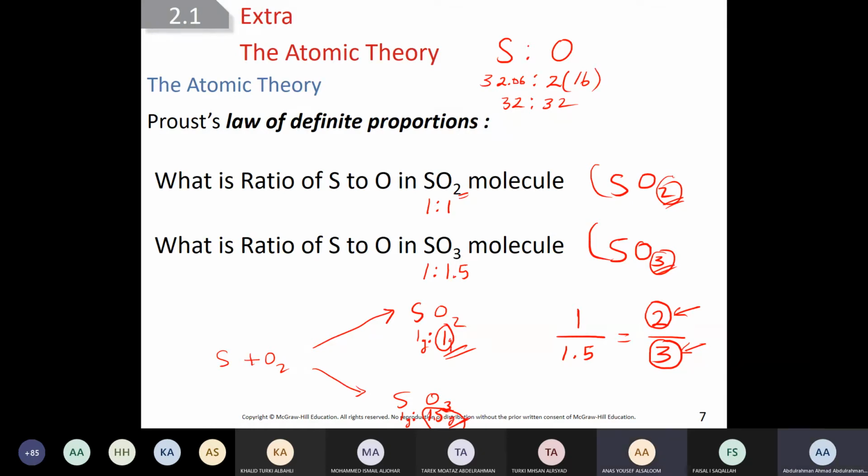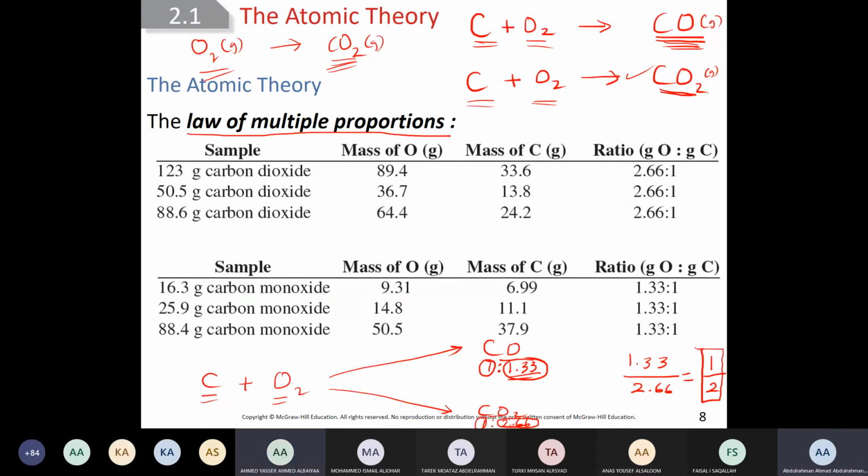Is it only for the SO compounds? No, for any compound that consists of two elements, sulfur and oxygen. Also the CO, what was the ratio? 1 over 2. Do you see them in these two compounds? Where do you see them? O1 and O2. This is the 1 and the 2.